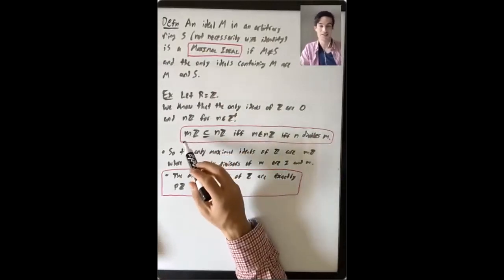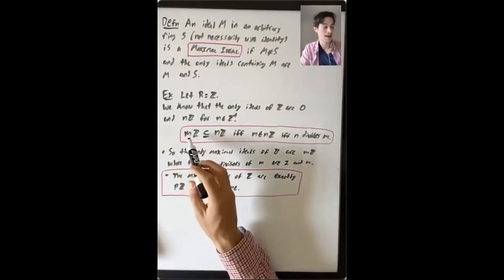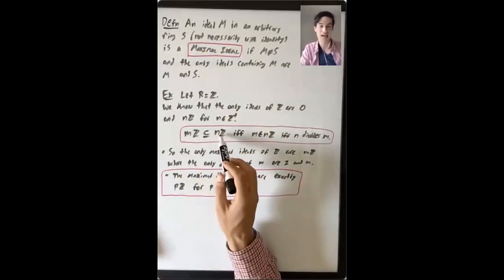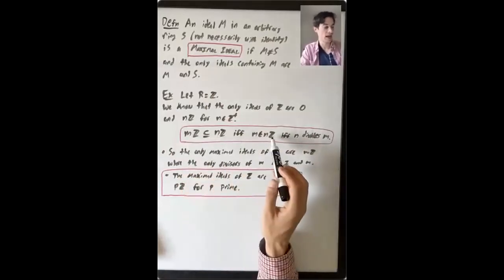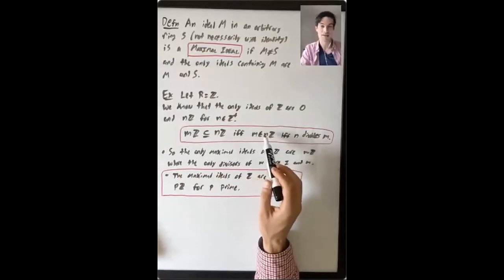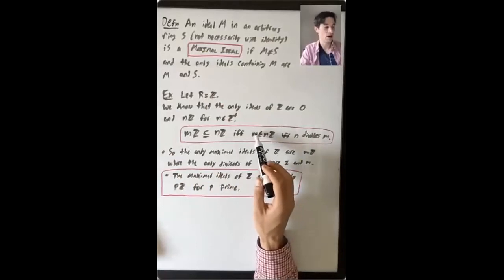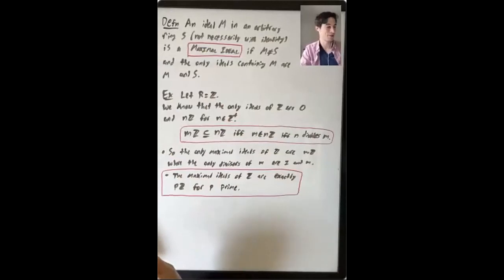Well, this is something we've already seen. All these ideals are principal, and we saw that mZ is contained in nZ if and only if m is contained in nZ, right? Once you have m in nZ, then because it's an ideal, you get all of the multiples of m. So you get all of mZ contained within nZ, and the other direction is true as well.